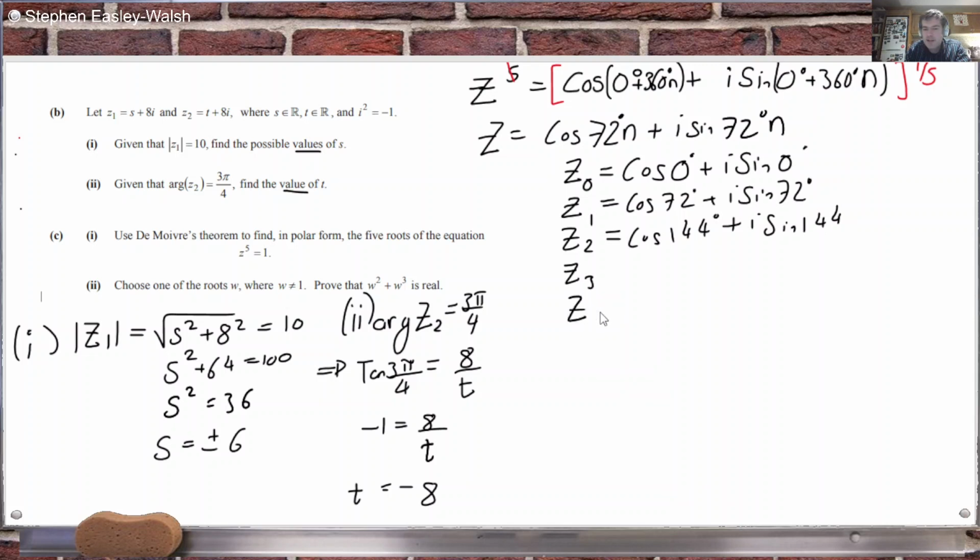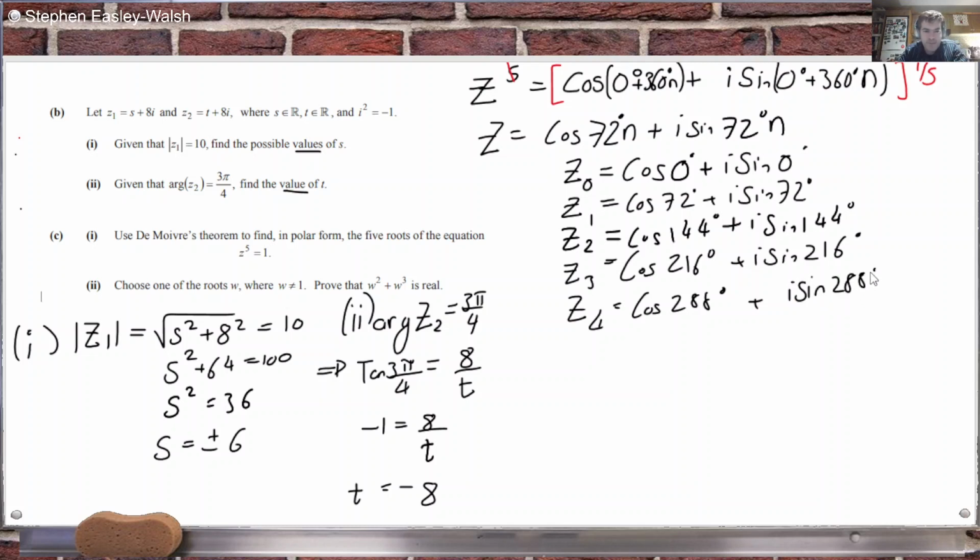Z3 and then Z4. So Z3, getting tired, cos 216 plus i sine 216, and then finally 288. Cos 288 degrees plus i sine 288 degrees.